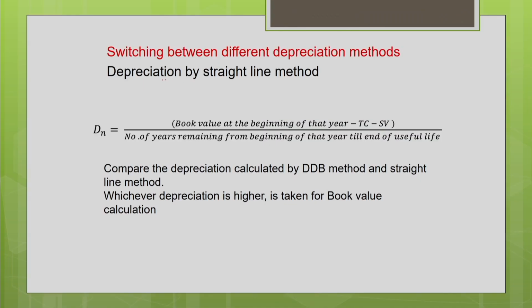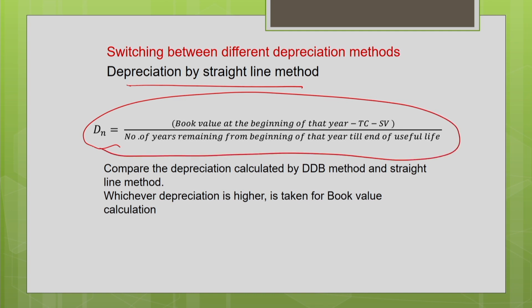For the straight line method, when we switch over, the depreciation according to this formula is nothing but your book value at the beginning of that year, minus tire cost, minus salvage value as usual, divided by the number of years remaining from the beginning of that year till the end of the useful life. So this is how we calculate the depreciation using the straight line method when we follow the switching process.